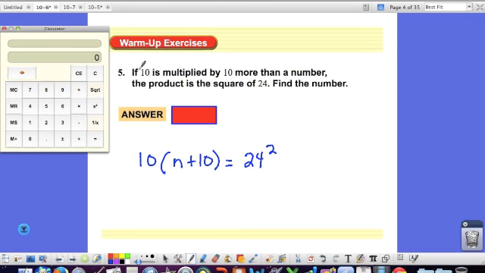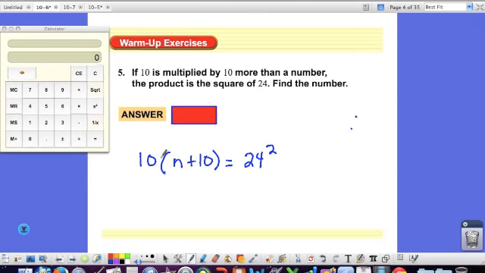So if 10, I think I'm missing a step here. If 10 is multiplied by 10 more than a number, the product is the square of 24. That works because 10 times n plus 10 is multiplying, so they make a product.